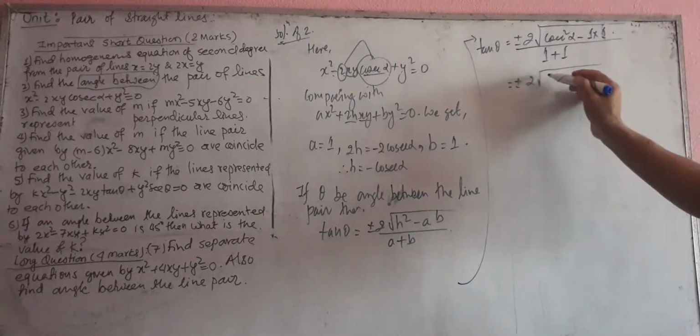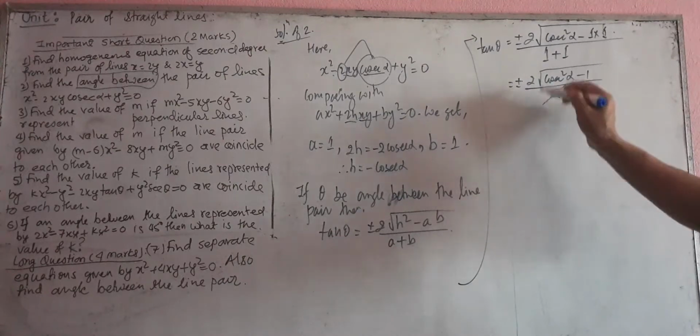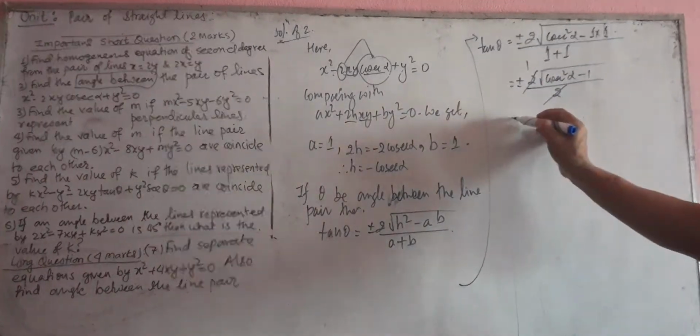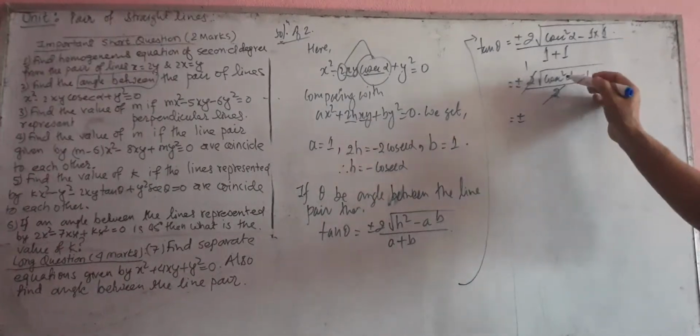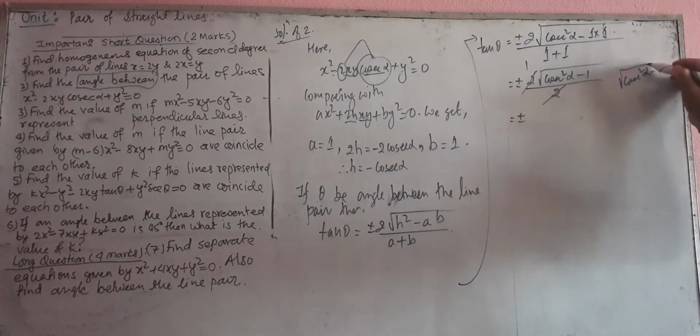Now look here, the same quantity 2 in numerator and denominator, we can cancel it, and this equals plus minus root over cosec square alpha minus 1, which equals cot alpha.